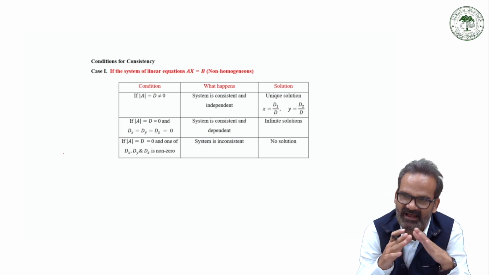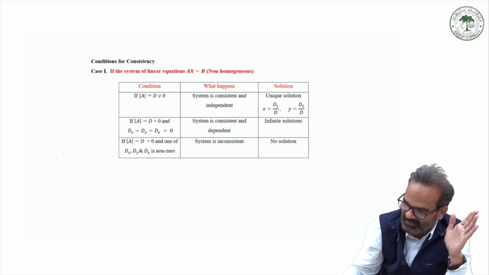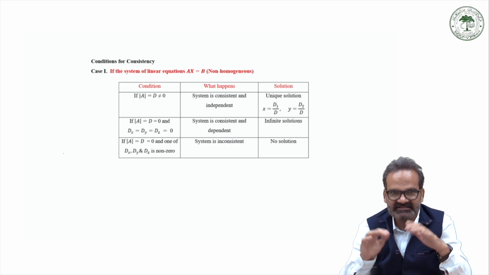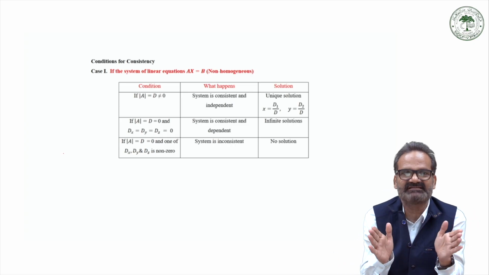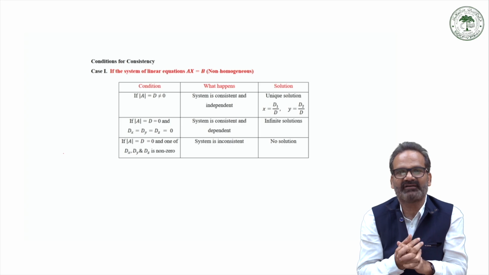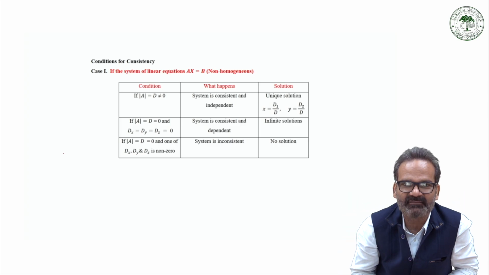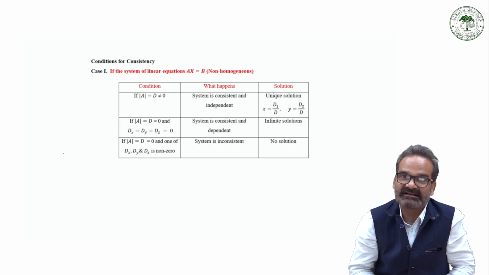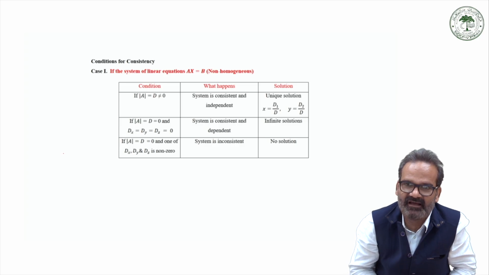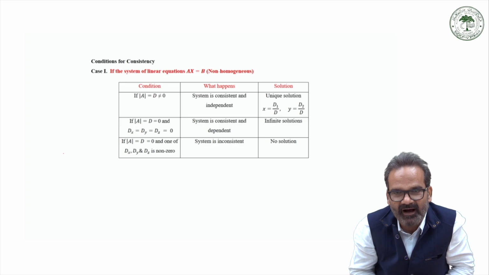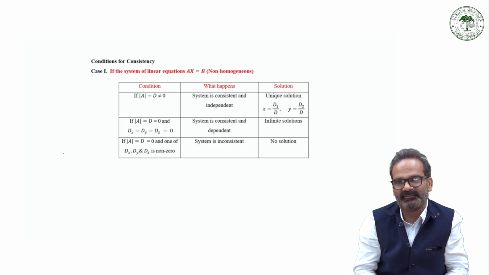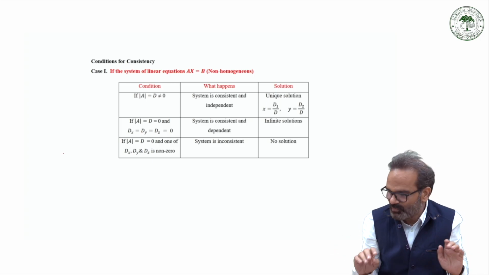Inconsistent means it has no solution. So now we will discuss the conditions for consistency, meaning under what conditions the system of equations will be consistent, meaning it will have a solution, or inconsistent, meaning it will have no solution.